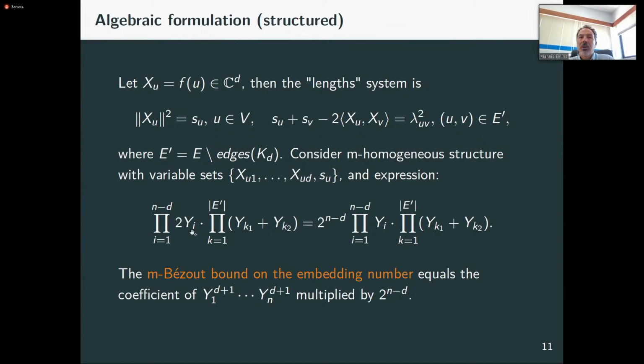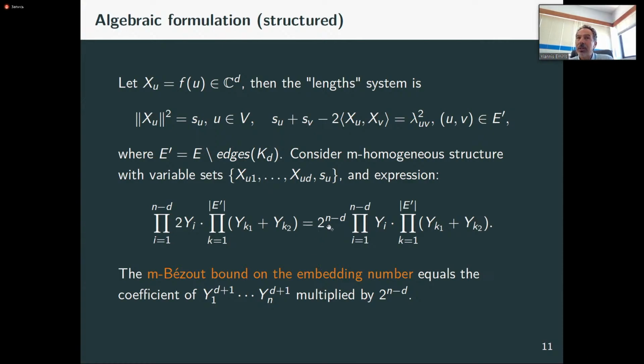So this product corresponds to these equations, and then the bilinear equations give us a product of these forms. But the first product is easy to handle. I take out 2 times the product of the y's, and I keep the product of these linear forms, which are very simple.